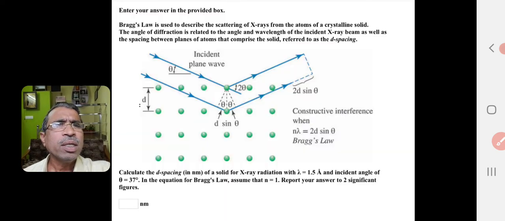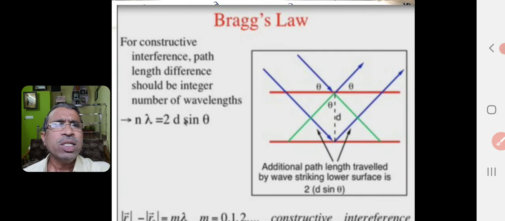In this case, the additional path length traveled by the wave striking the lower surface is 2d sine theta. So this is what we are measuring here. Okay, so this is the Bragg's equation.